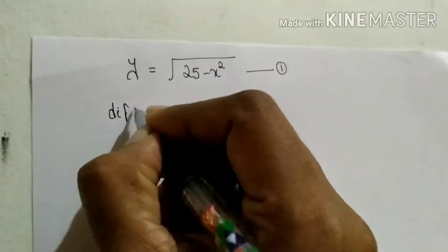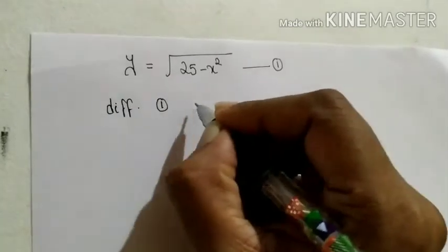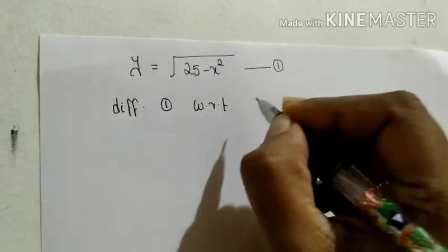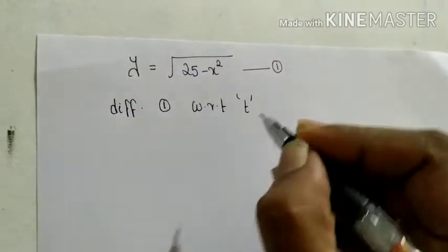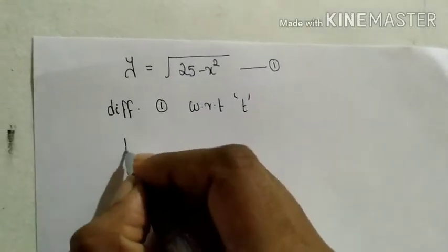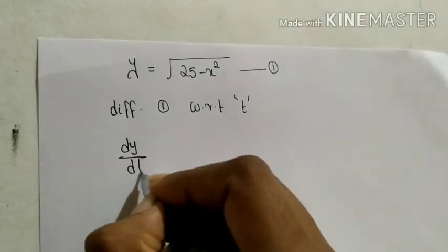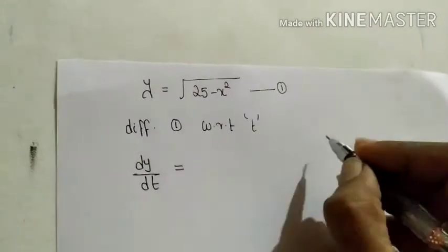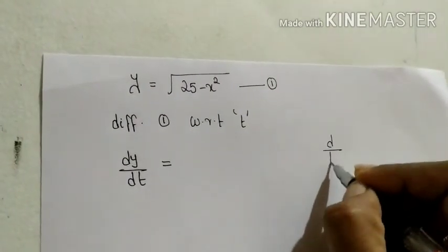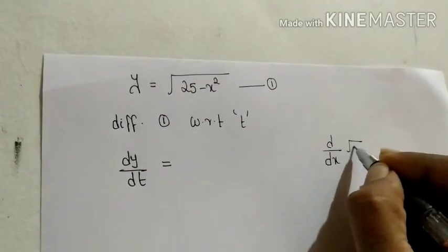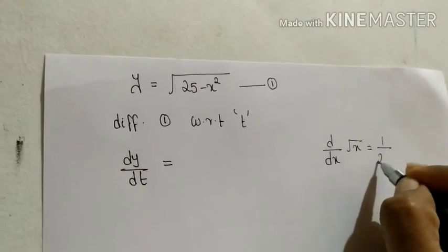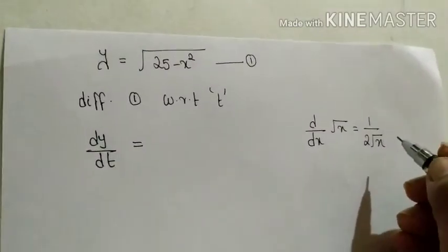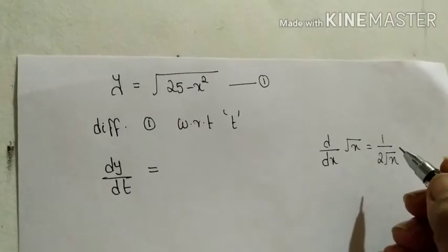Next I am going to differentiate equation number 1 with respect to t on both sides. We get dy by dt equal to the standard derivative of root x equal to 1 by 2 root x. That we have already learned.